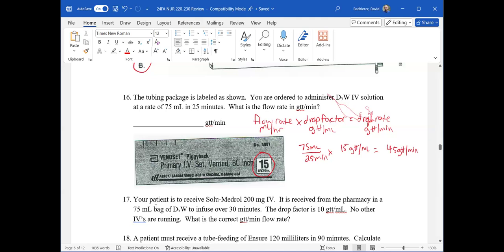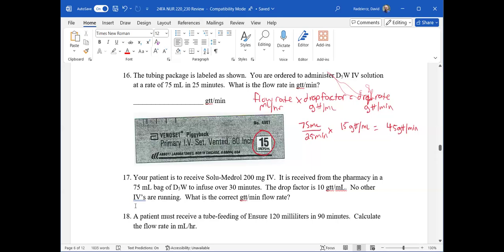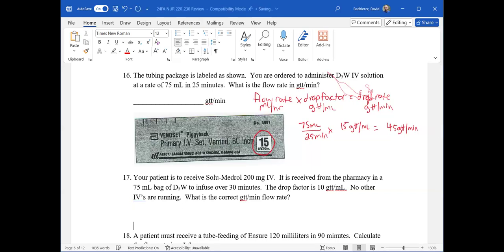So why don't you try 17 and see if you got it. I got 25 drops, but would it be milliliters, or they're asking for minutes?